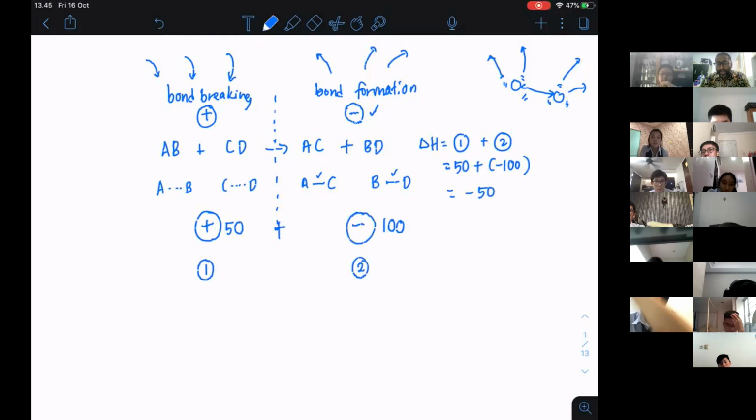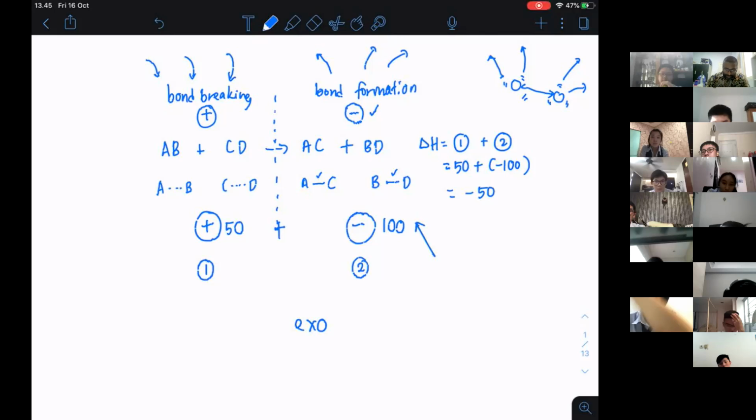It means we can predict whether the reaction is going to be exothermic or endothermic. If I say this reaction is exothermic, it means it's negative. Negative means the energy released for bond formation is always more compared to the bond breaking. So that's why it's exothermic.